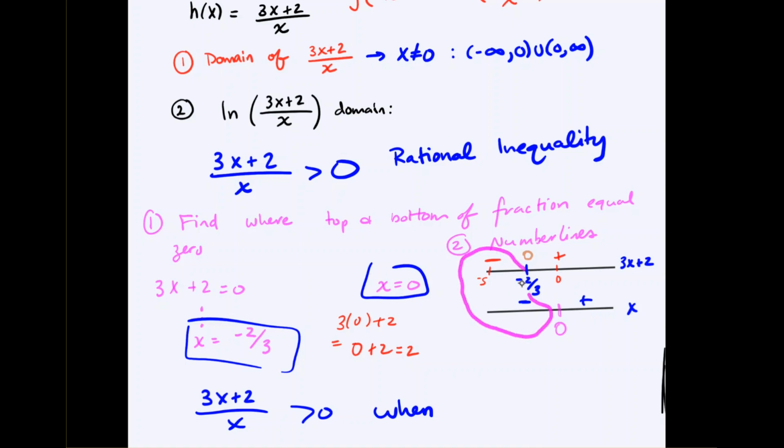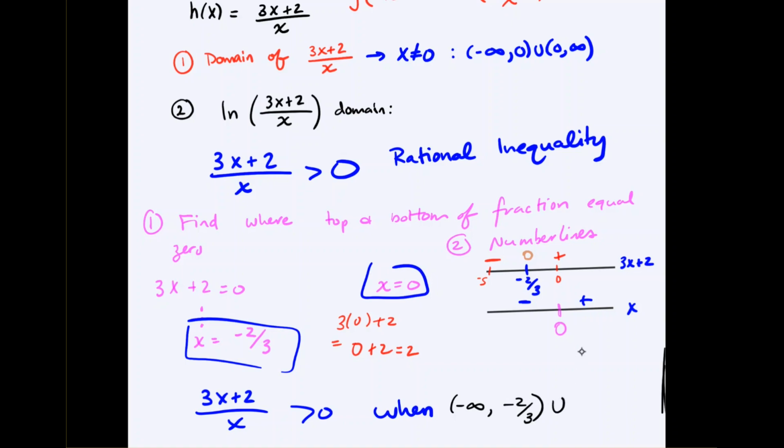In both circumstances, do you see we had two negatives? Now in this one we were before negative 2/3, and this one we're before 0, but they do have to overlap, so we kind of have to cut it off at negative 2/3. Before that they're both negative, so the fraction would be positive. So that would be from negative infinity up to negative 2/3.